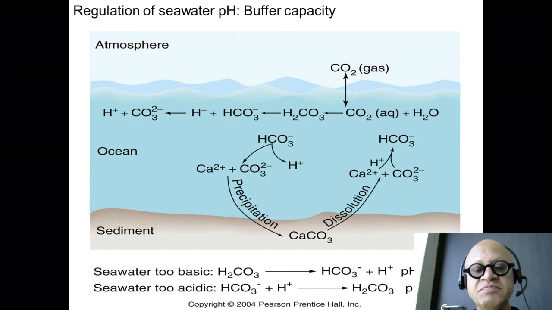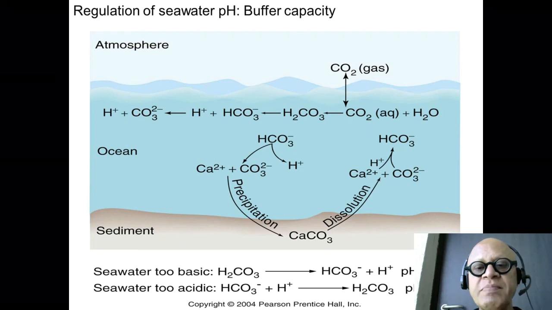So the equations below, H2CO3 going to bicarbonate and H plus, dropping the pH, whereas HCO3 minus, or bicarbonate, can combine with H plus and reform carbonic acid, and pH increases, or you go towards alkalinity, right?